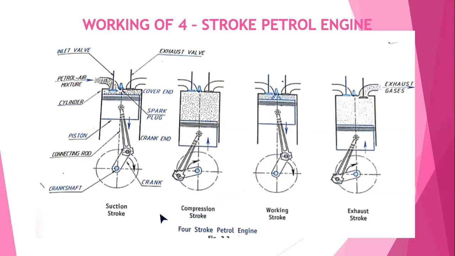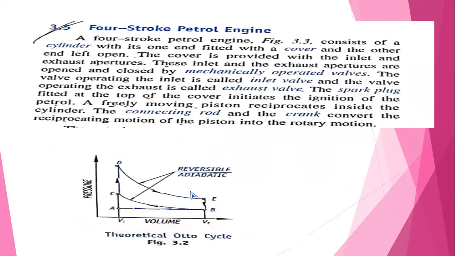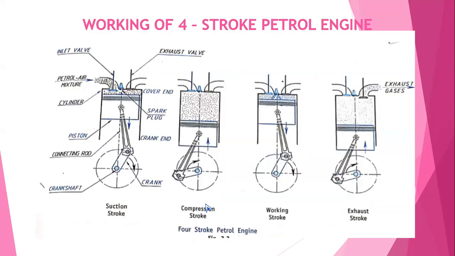For that reason, in the test also, along with these four diagrams, write down this theoretical Otto cycle diagram. This is also called the constant volume cycle. If you write that diagram along with these four diagrams, then you will get full marks.